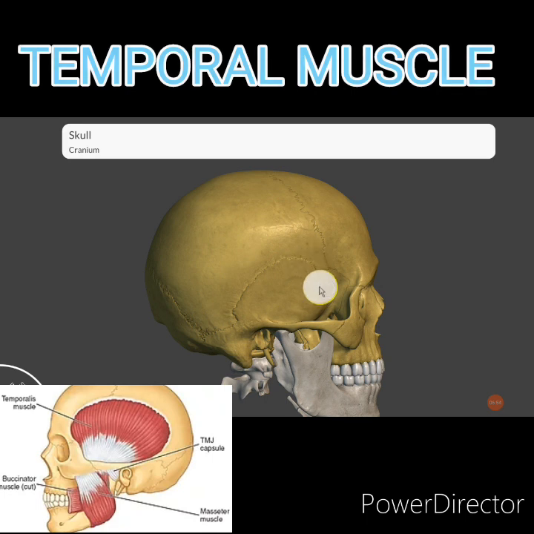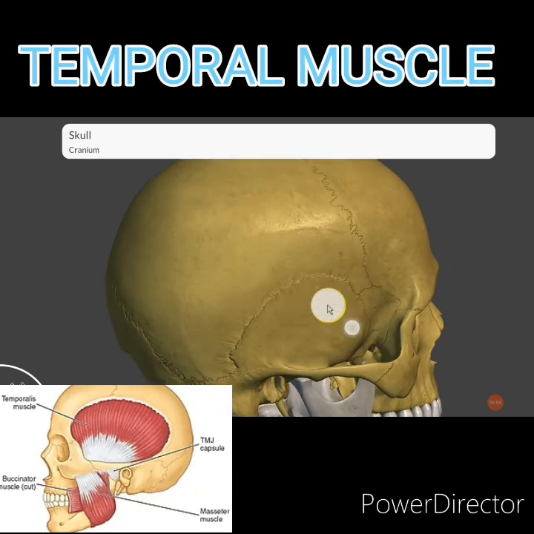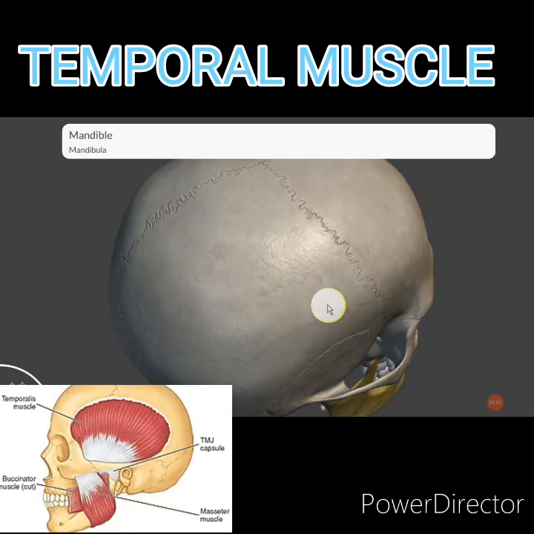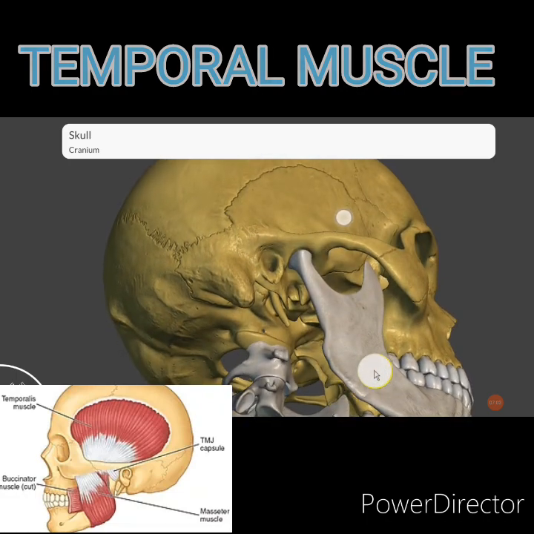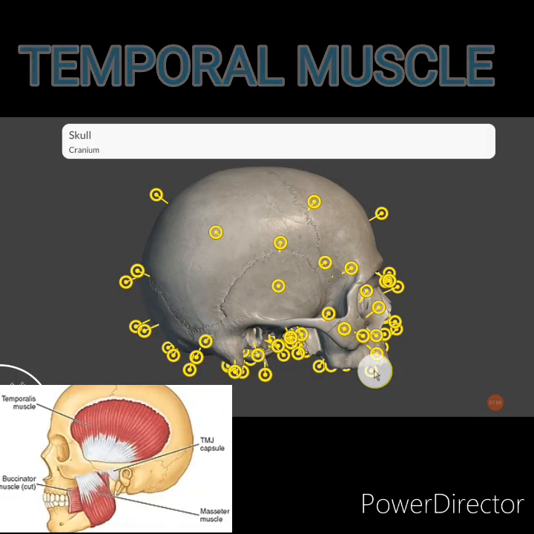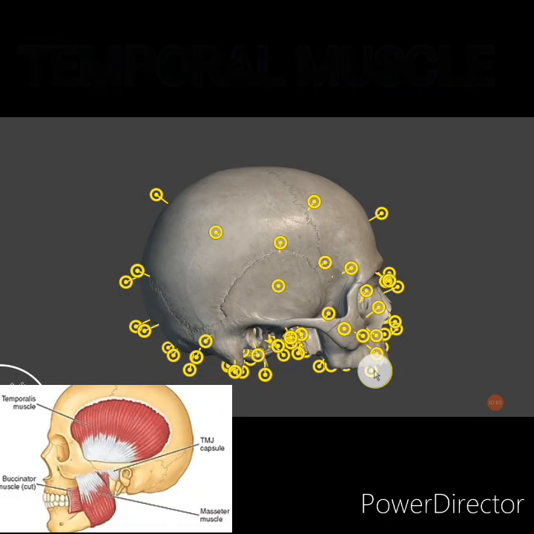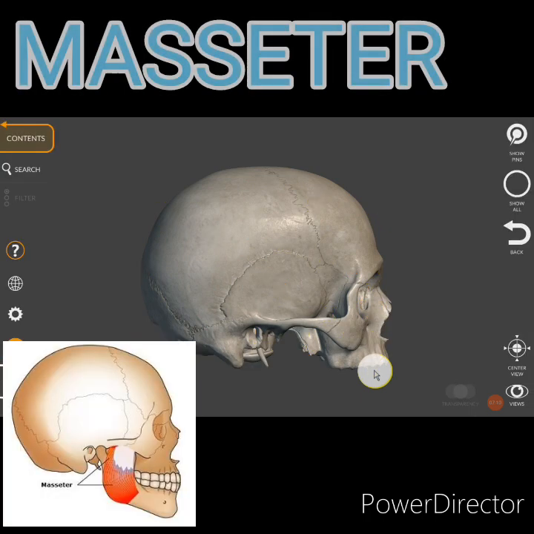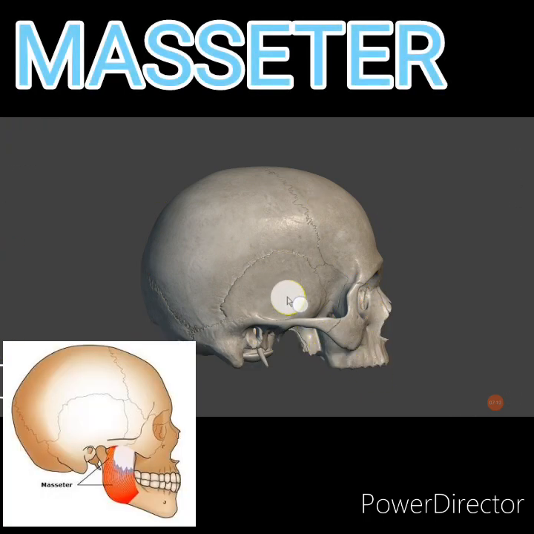Deep to it are deep temporal vessels and nerves. Middle temporal vessels produce vascular markings on the temporal bone above the external acoustic meatus. Masseter muscle originates from the medial surface and lower border of zygoma.